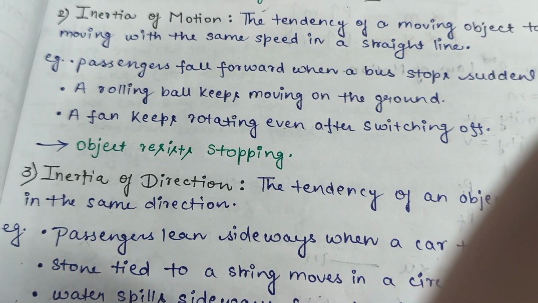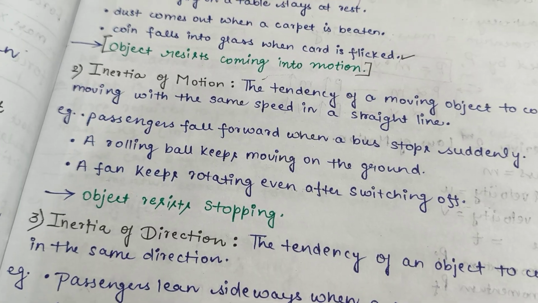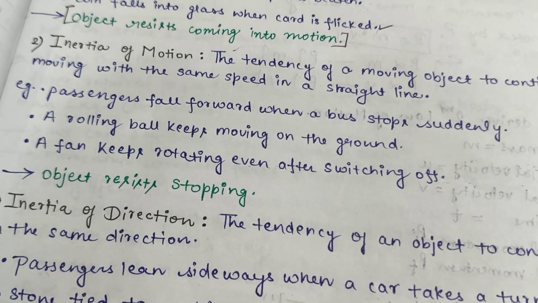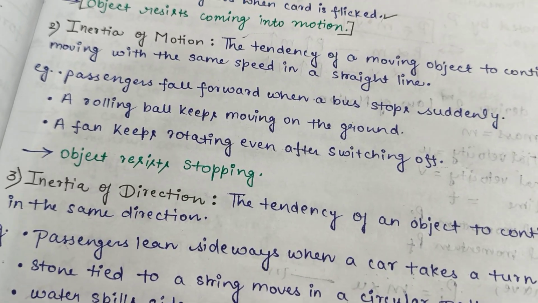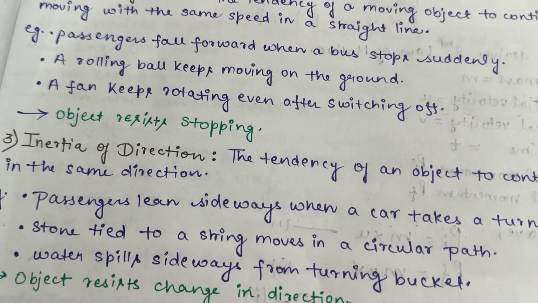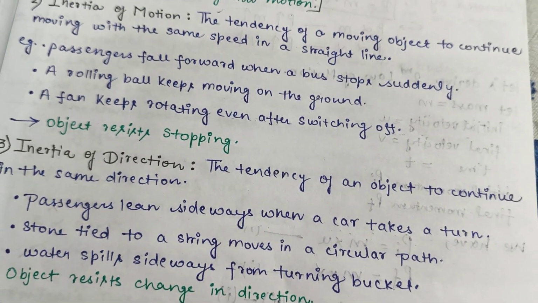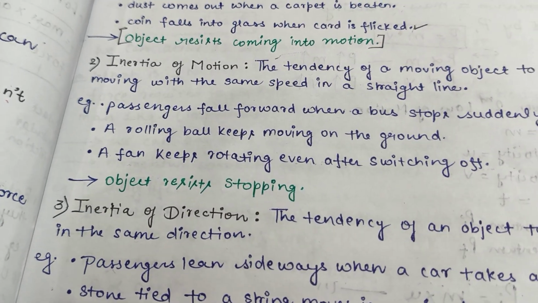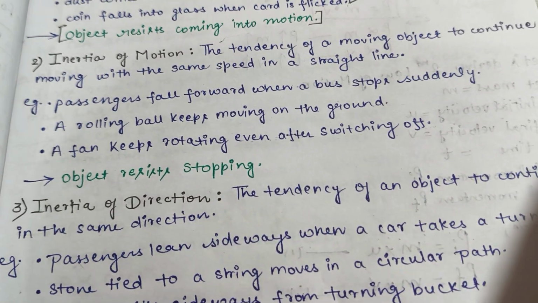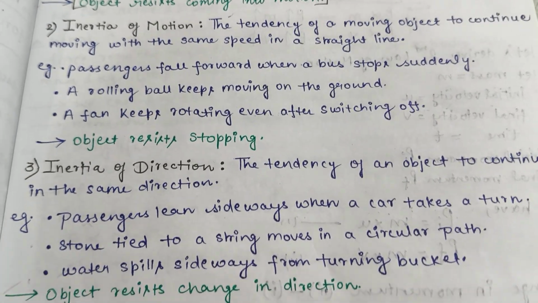So the inertia of the passenger's body will not force them, but it will try to keep them in motion. That's why you suddenly feel a forward push. In later classes you will know that this is called a jerk, and we will discuss that in the higher classes. But you will feel that motion, the forward push.